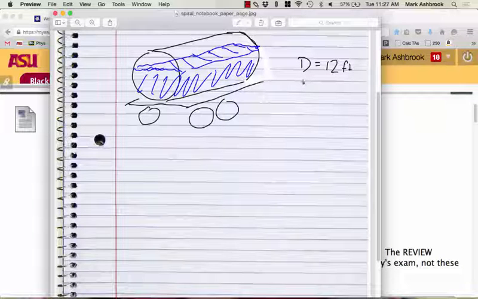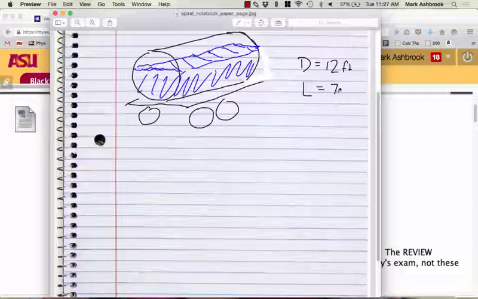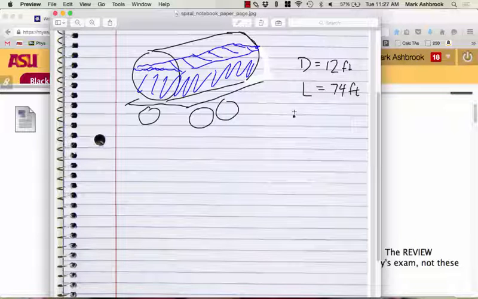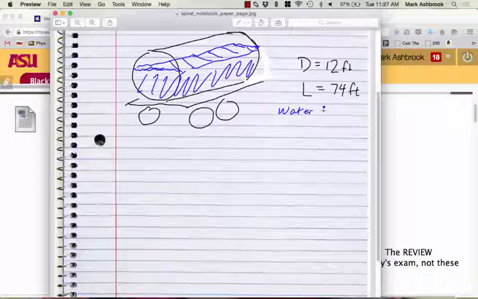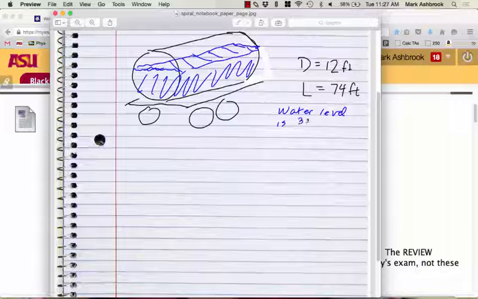The length of the tank is 74 feet. No, that's all right, that's fine. And the level is 3/4 full.